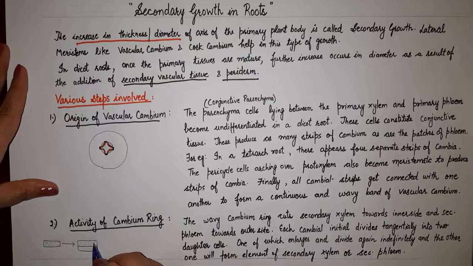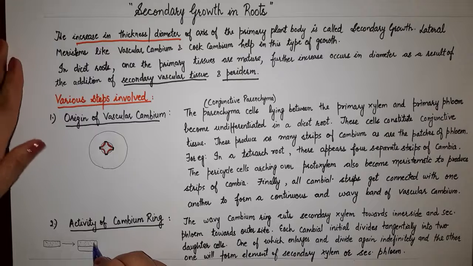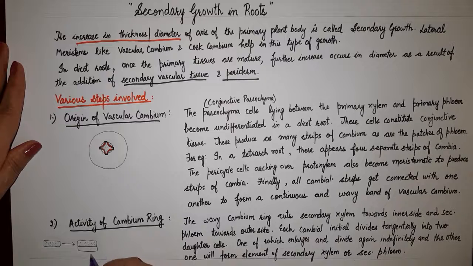Now the one cell will remain meristematic throughout life. Okay, it will remain serving as the cambial initial and the other cell will develop into secondary xylem or secondary phloem.